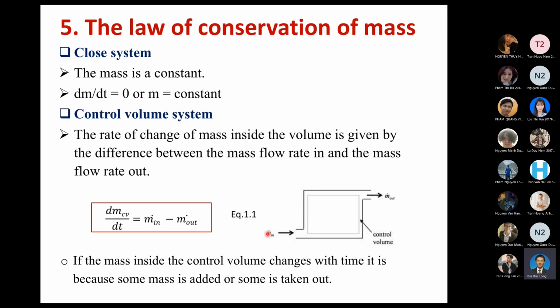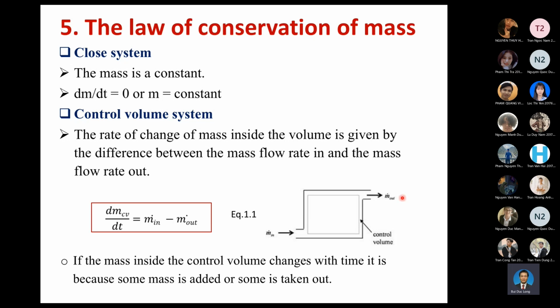We have mass in and mass out. The change inside this box, or inside this system, is because mass is added or taken out, because the rates in and out are different. So it leads to the change delta m inside this system.